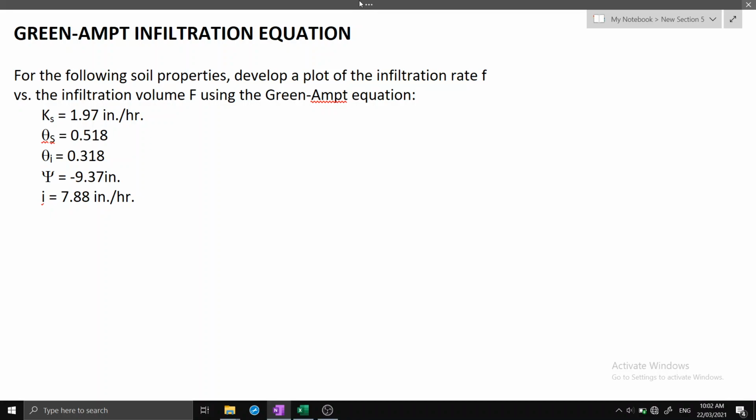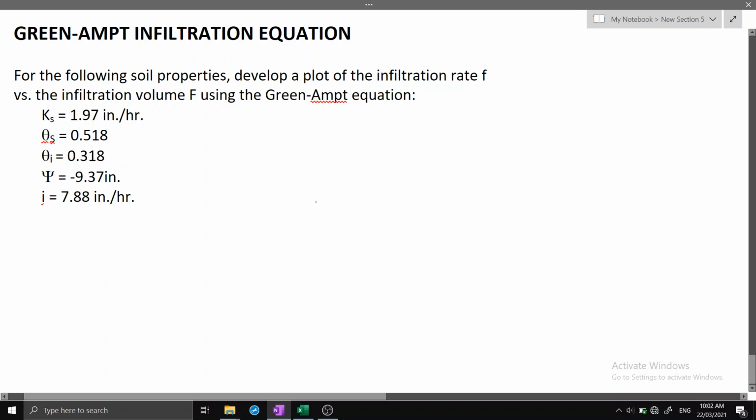So we can write for the solution, I is greater than Ks. If this is the case, our infiltration rate is equal to the rainfall intensity until the volume Fs is reached.